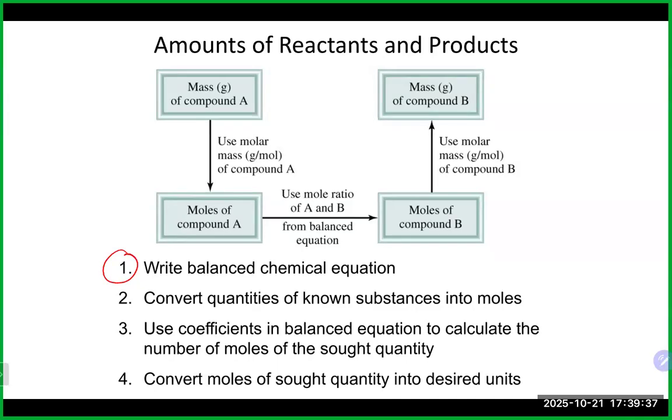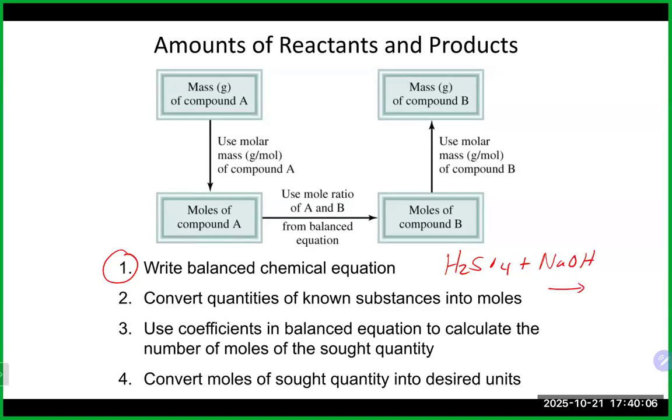Also remember, as we talked about in the chapter on balancing and writing equations, if you are given something in words, you want to start with the right formulas first, and then you balance. And maybe you even need to complete the reaction, if you have something like H2SO4 and a little sodium hydroxide.